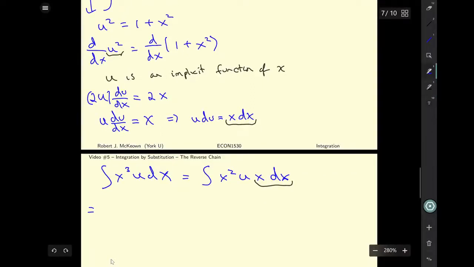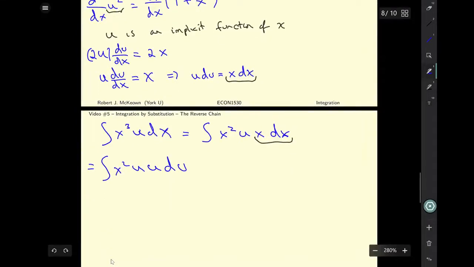When I make that substitution, I'm going to have x squared u du. So I've got x squared u squared du.